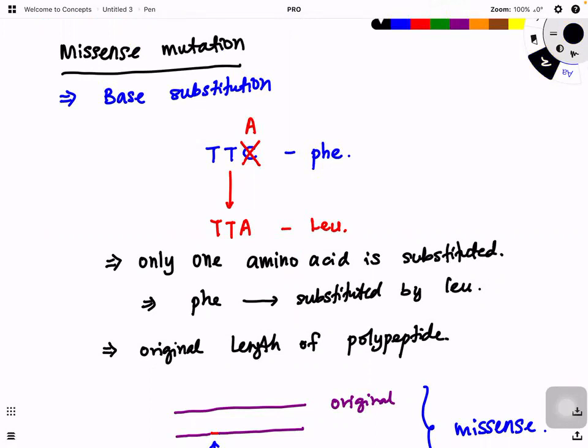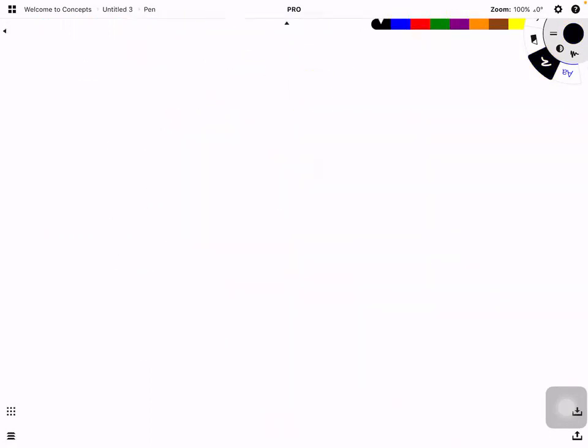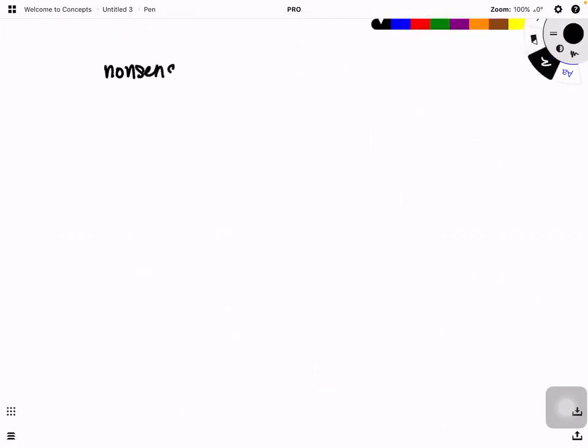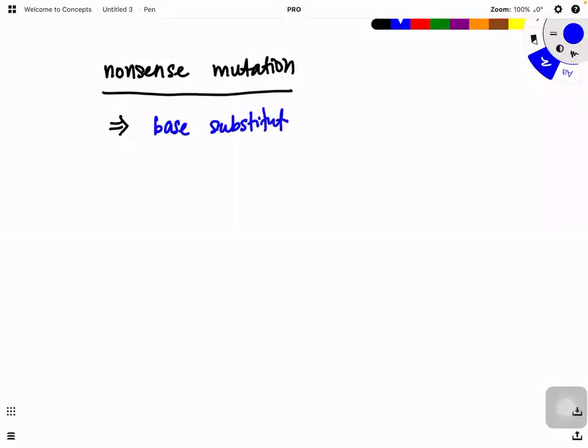Now we look at the third one, nonsense mutation. So what does nonsense mutation mean? Nonsense mutation is because of mutations. What is the method? It can be base substitution, it can be base addition, it can be base deletion.